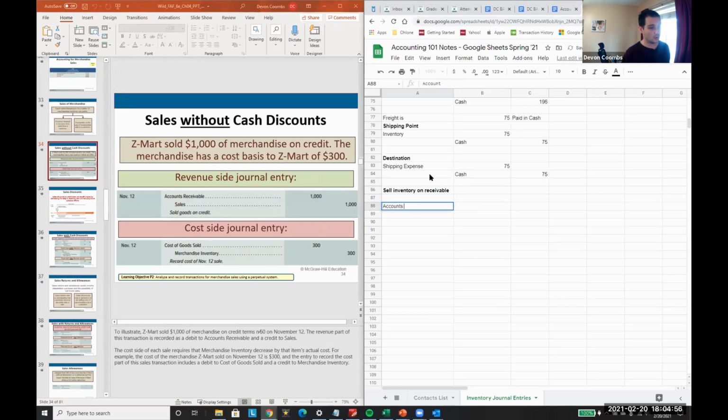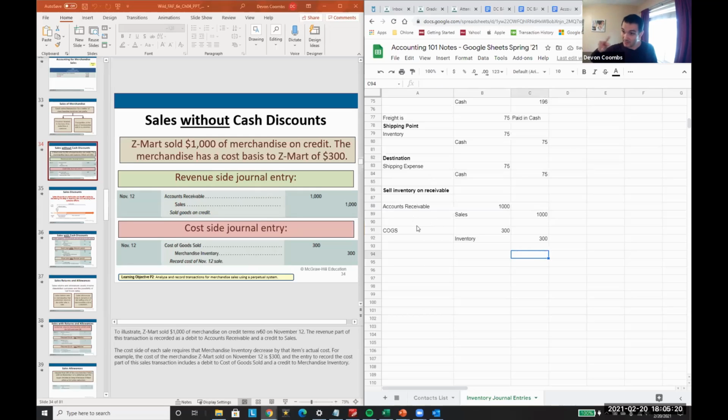Our accounts receivable, an asset, is going to go up 1,000 and our sales will go up 1,000. And then our cost of goods sold at the same time will go up 300 and our inventory will decrease by 300. That's the cost of our inventory. Our gross profit from this will be 700.